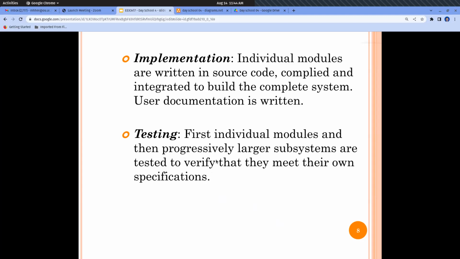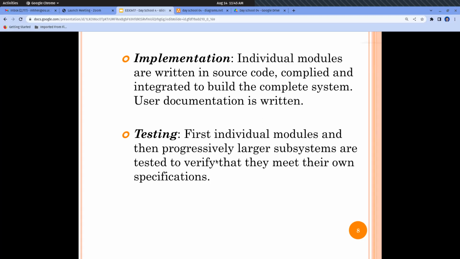Testing should be done. There are several types of test. One is to stop the earlier system, implement the new system and test it. Another one is parallel testing: the earlier system should also run, and the new system also runs in parallel.